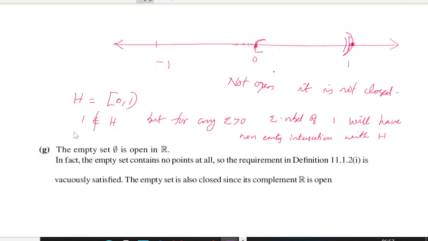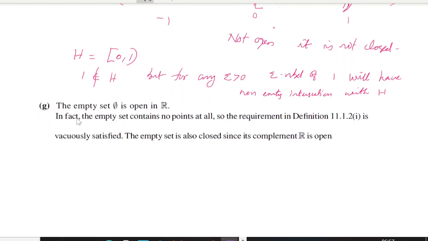Now here is an example, the empty set is open in R. When you are taking this empty set, it is open. What is the reason? Because it does not contain any point. By our definition, for every x belonging to this set, there should exist an epsilon neighborhood.